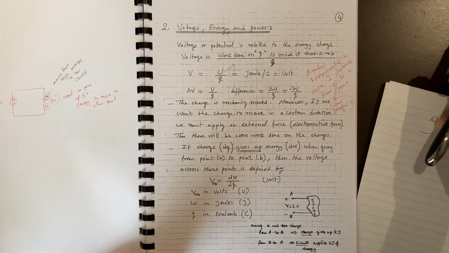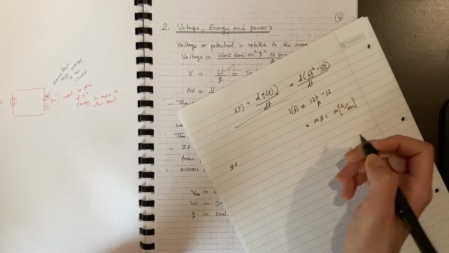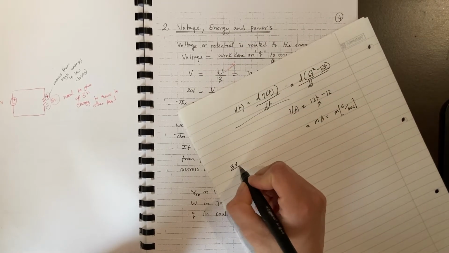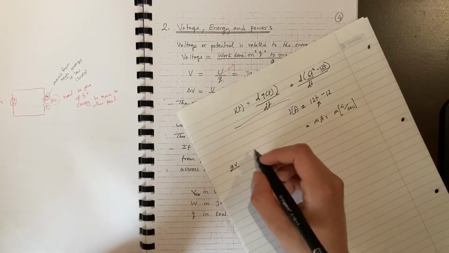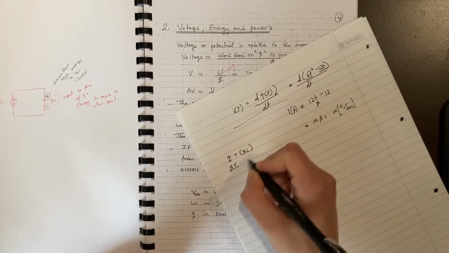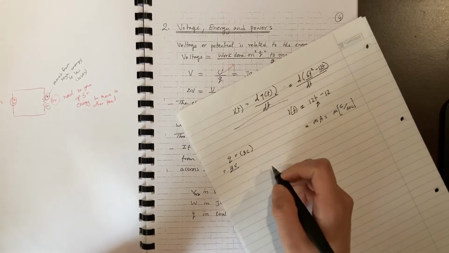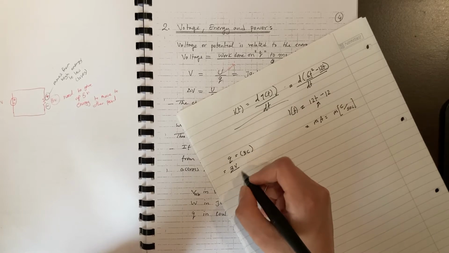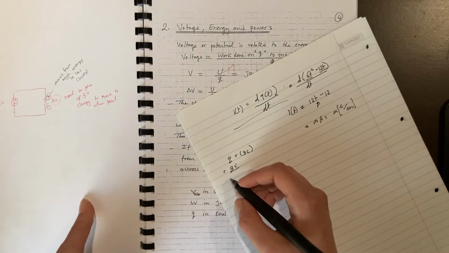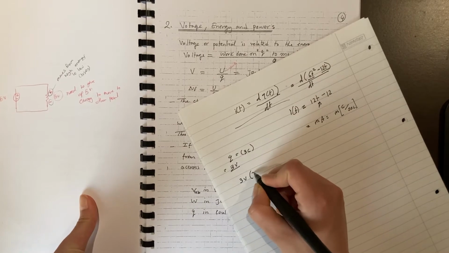So if you have a specific voltage, say 3 volts, and you know that you have 3 coulombs of charge that this work is being done on, and you want to know the energy or the work that has been done on this charge, you just multiply the volts by the charge.